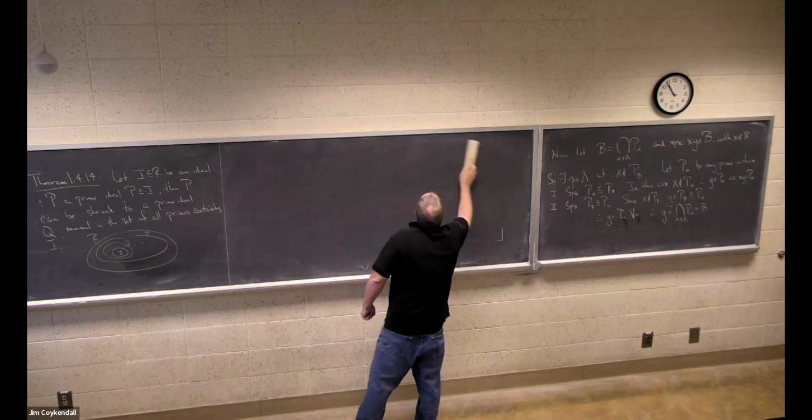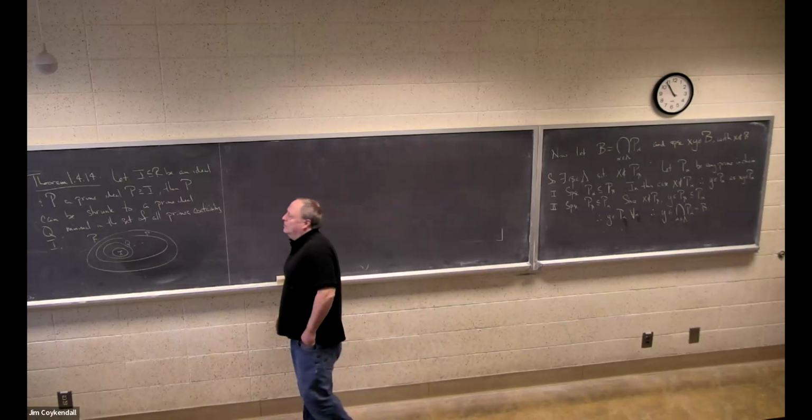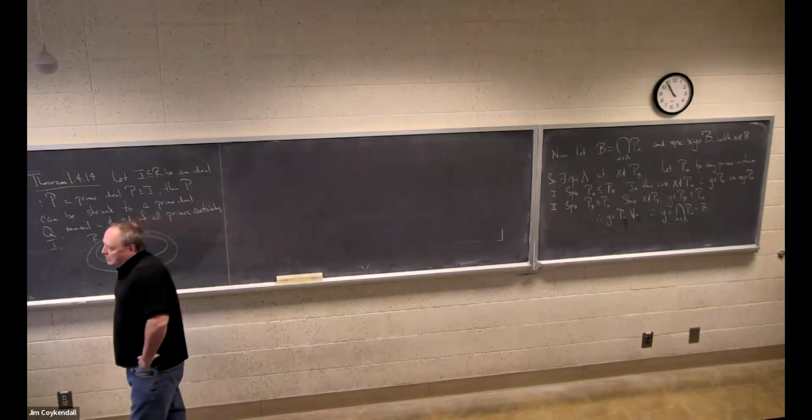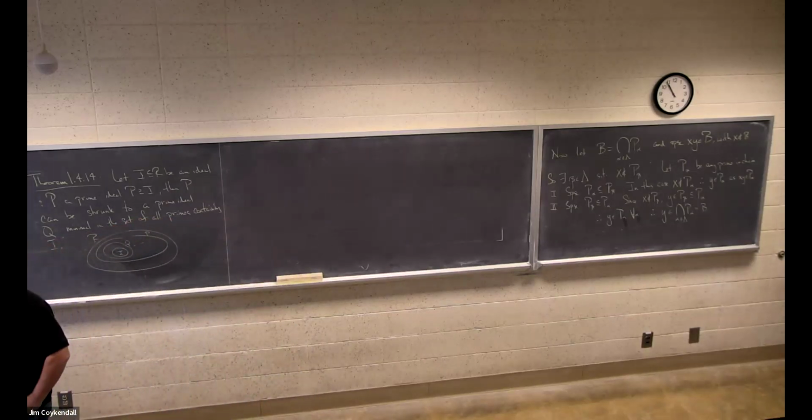Well, if you really want to be careful and go through this, what you could do is look at all chains of primes between I and P, right? And then find a maximal chain, right?